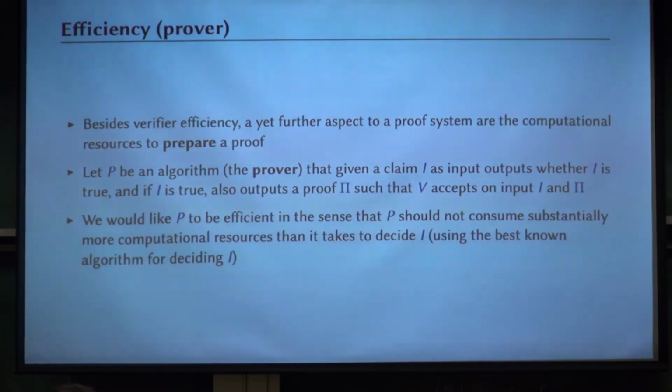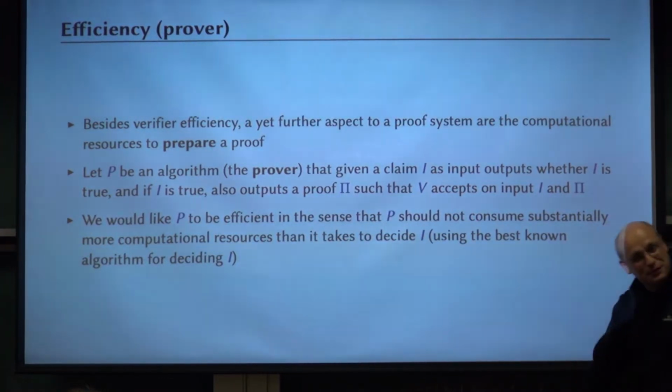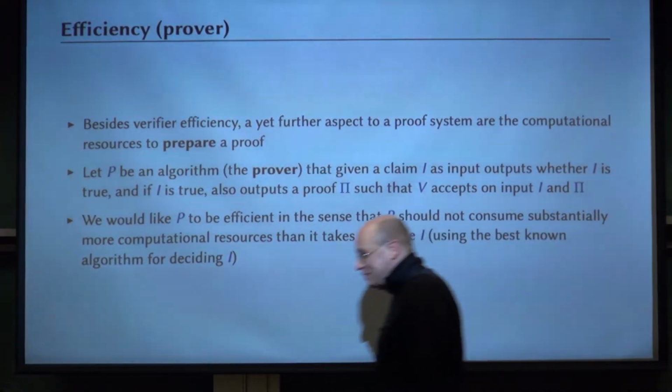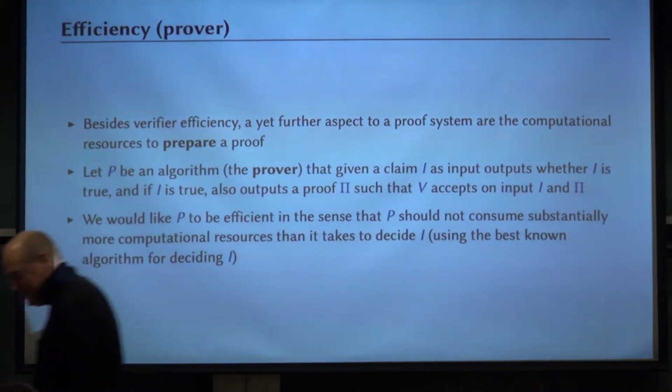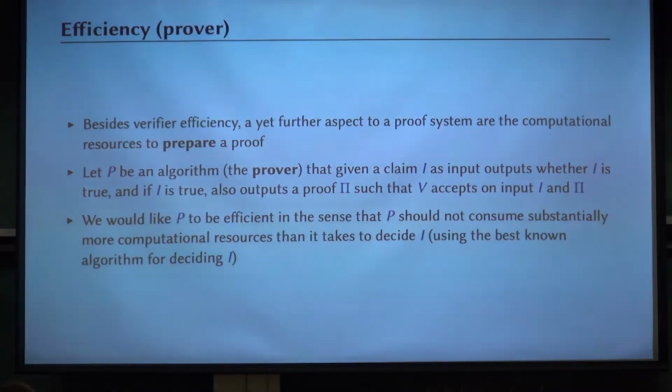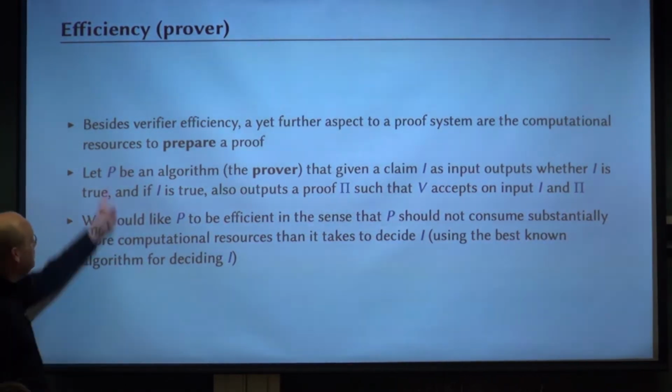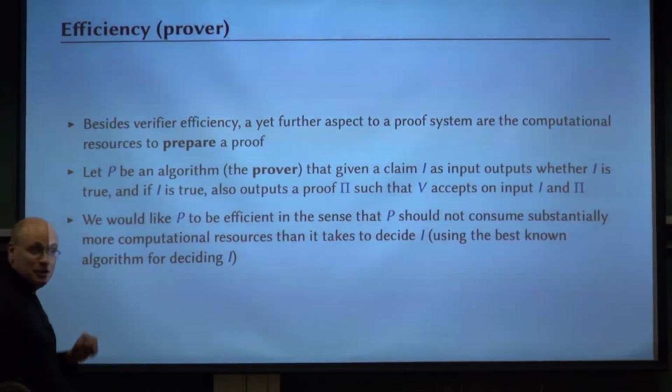Okay, very good. And then, of course, the verifier needs to be efficient, and if we want to impose further design constraints or goals that we would like to have, we want to think about how difficult it is to prepare the proof, for example. So how many resources does an algorithm P, which we call the prover, consume when it prepares a proof?